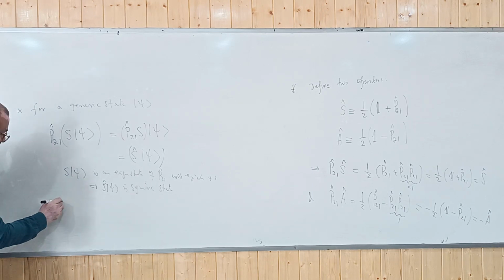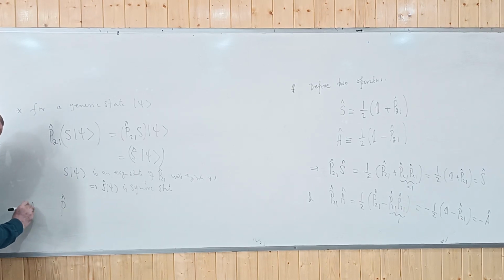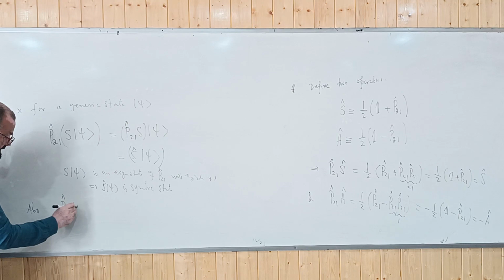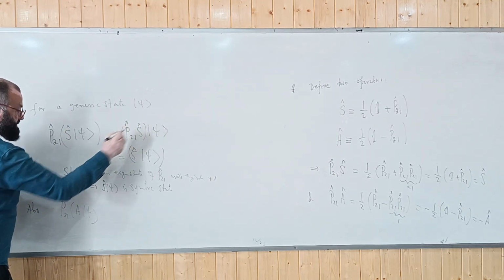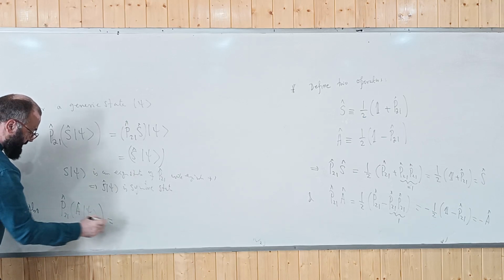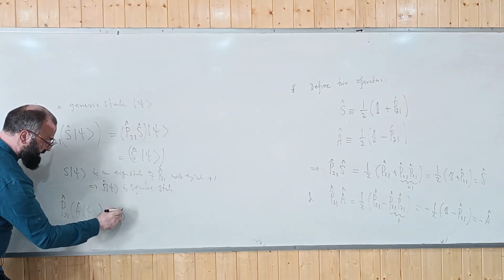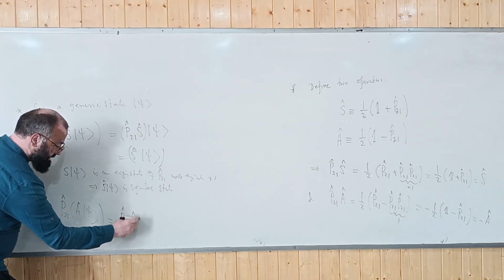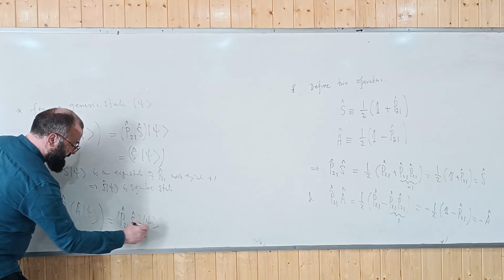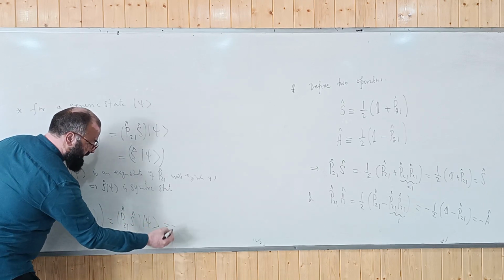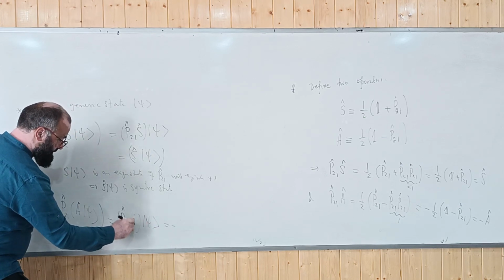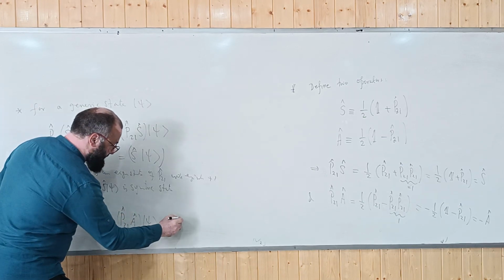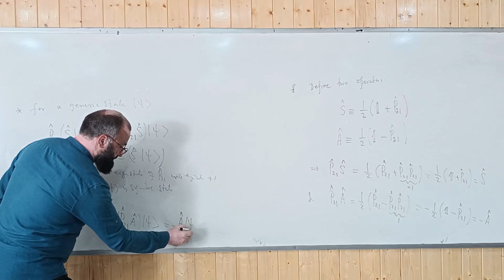So now let me take this thing also. P21 acting on, let's say, A psi. So I should put a cap here. Right? So I will write it as P21 A acting on psi. What is this object? It's minus, sorry, it is A, not S. Minus A. Got it?